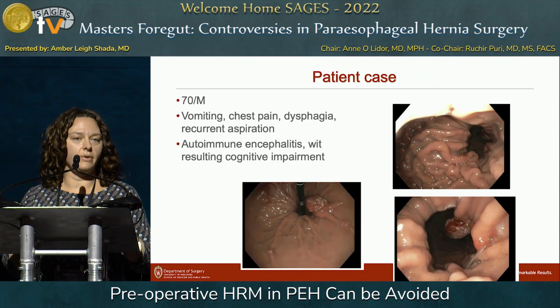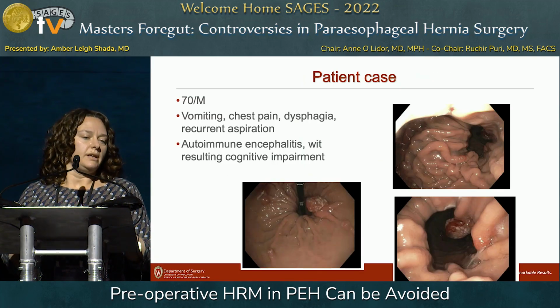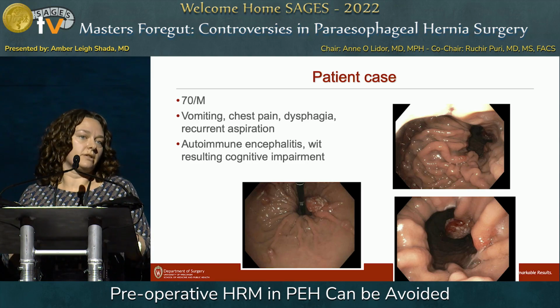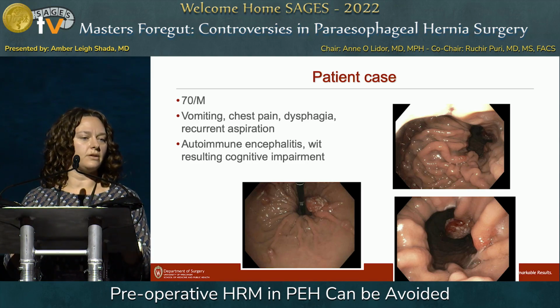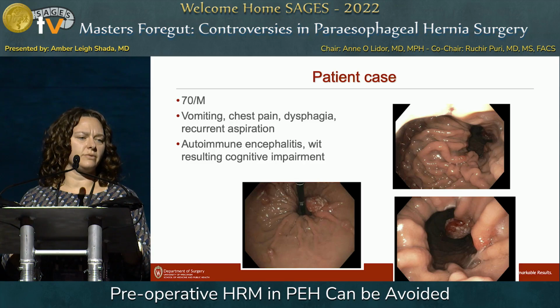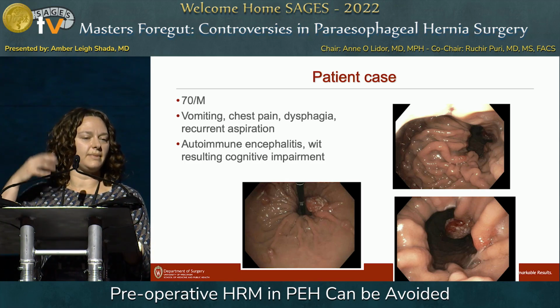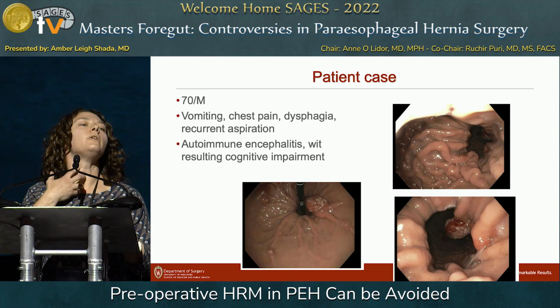Here's a patient case I wanted to tell you about, not because he represents a routine case, but because he's someone I'm glad in retrospect I didn't exclude manometry as part of my workup. It's a 70-year-old male who came to the office with vomiting and chest pain, and he had actually had multiple aspiration episodes. He had a funny autoimmune encephalitis and some cognitive impairment, though his swallow up here was normal.